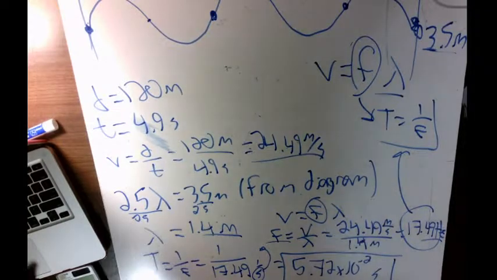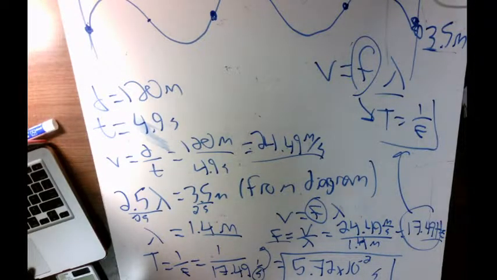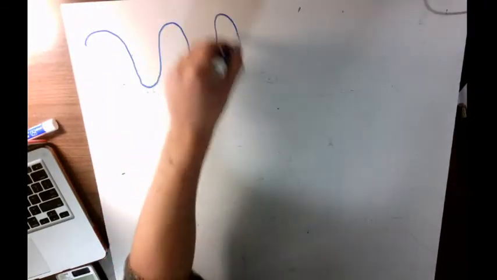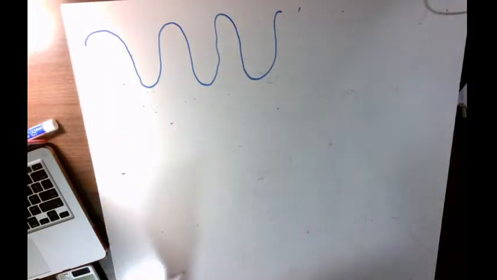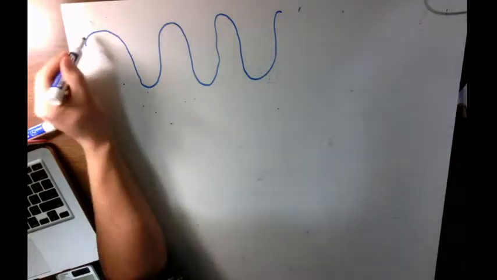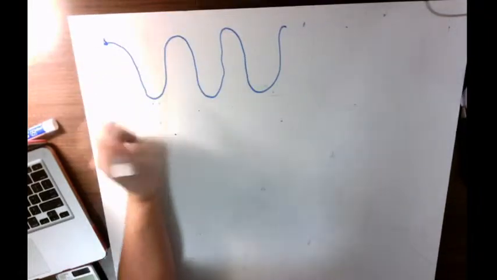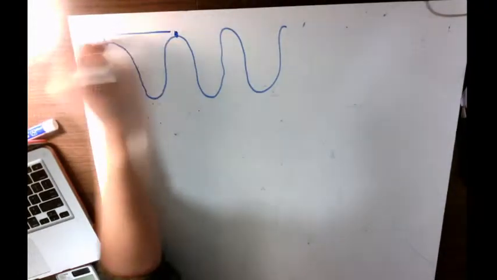All right, we're not done yet. We have a water wave generator. I'll draw it out. Our water wave generator creates 200 oscillations in 19.1 seconds. So there's a lot of waves. If we're starting at a crest, that would be one wavelength.